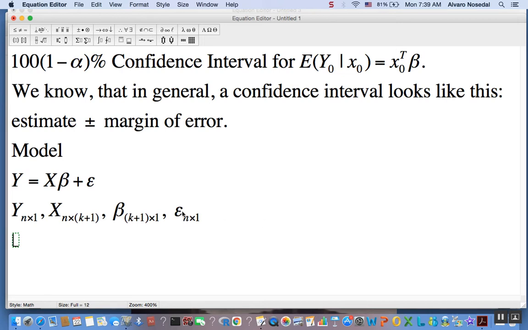Each of the elements of the vector epsilon, the epsilon i's, we are assuming are normal with mean 0 and variance sigma squared. Okay, so same as before.